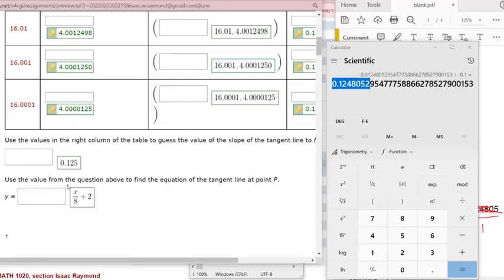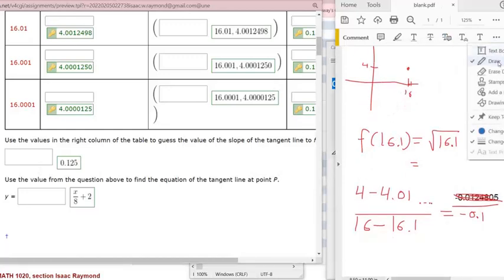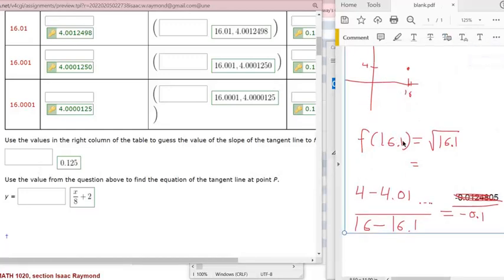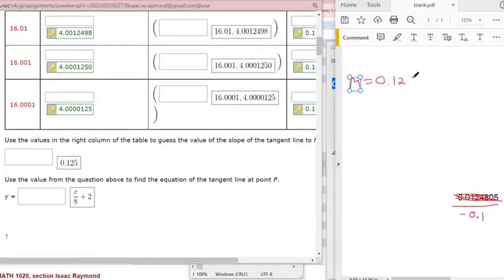And then use the value from the question above to find the equation of the line at point P. So we guess 0.125, that's our slope, right? So our slope at an instant, exactly at point P, is 0.125.